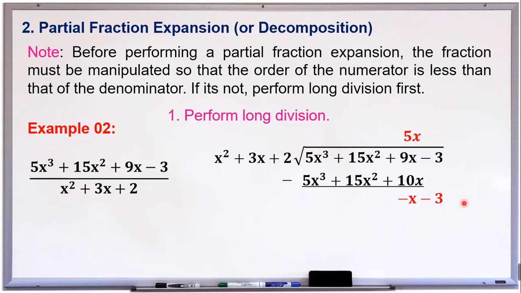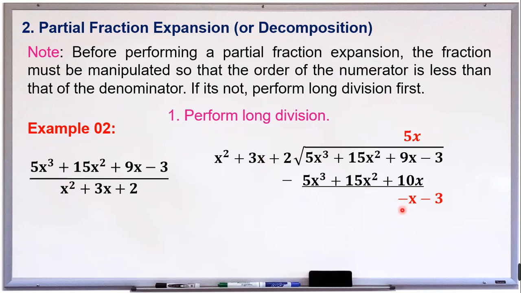But if you perform long division and you find out that the degree of your remainder is still greater than the divisor, then you're going to continue the long division. But if the degree of your remainder is lesser than, again, equal is still not okay, so if the degree of the remainder is lesser than the degree of the divisor, then that is the time that you should terminate the long division.